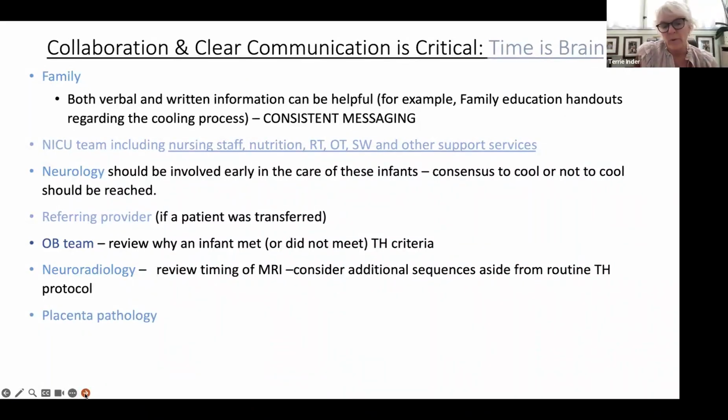And then, as you've already seen, the placenta can be incredibly valuable to try and understand why and what happened. And obviously for those babies who survive, making sure they've got the right follow-up.